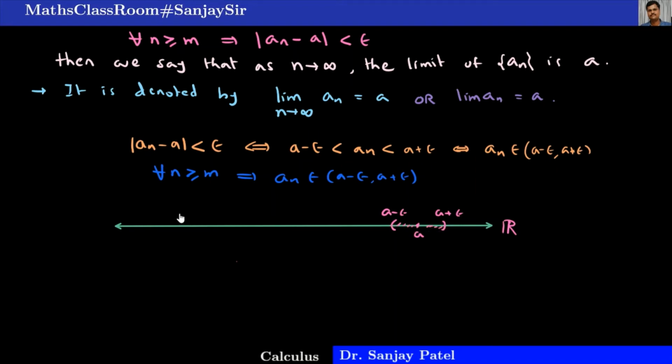Suppose for simplicity m is equal to say 25, then after the 25th term onwards, all terms fall in this interval.